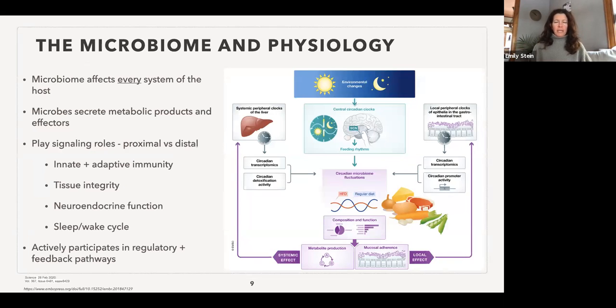Now we're turning a little bit into the physiology. As I mentioned before, the microbiome is a forgotten organ, and it's an organ that touches every single system of that host animal. It's through both physical intimate contact with tissue, or more often identified in research, through what they secrete that drives certain metabolic and physiologic processes to occur.